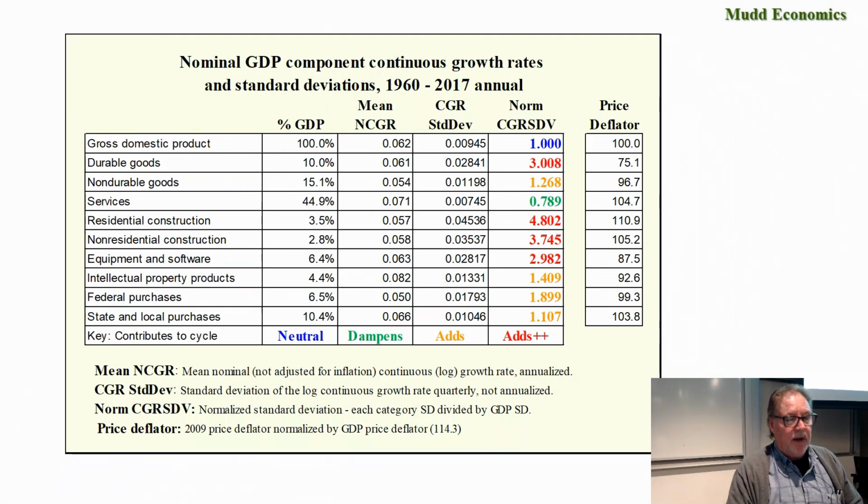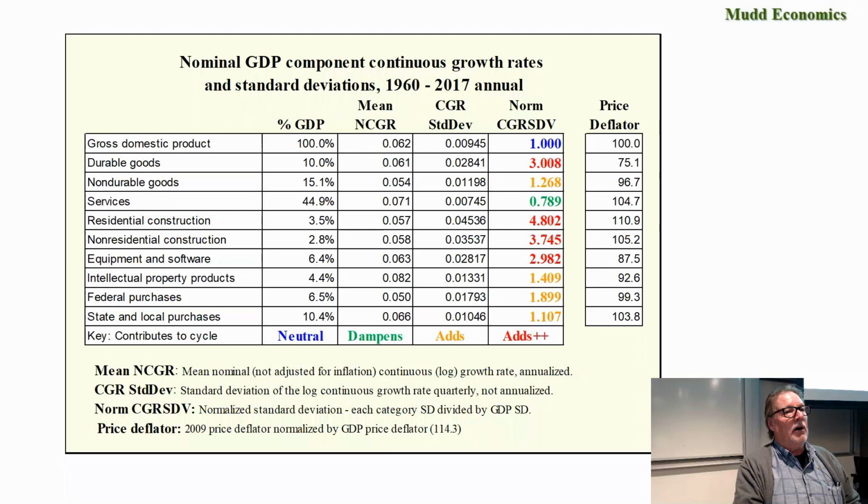Now, this won't be ours. This is an older one. So we can say, well, GDP normalized is 1. So durable goods is 3. That's very volatile. 3 times the standard deviation of GDP, and residential construction is 5 times the standard deviation of GDP. And then we see things like consumer services is 0.78, so not even as volatile as GDP.